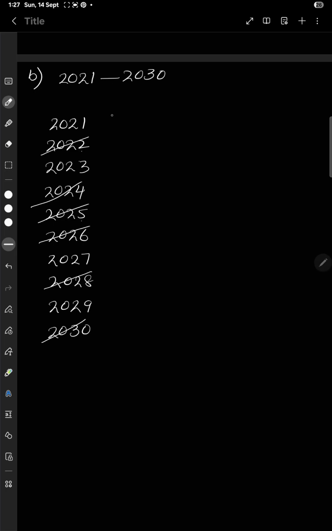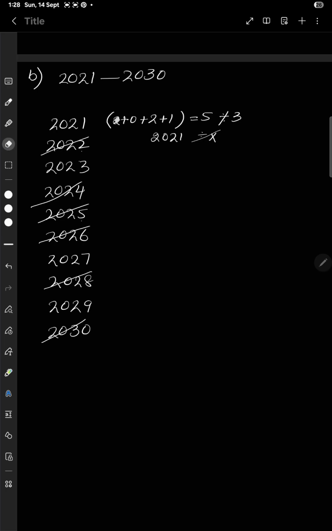Let's see for the number 3. 2 plus 0 plus 2 plus 1: 2 plus 0 is 2, plus 2 is 4, plus 1 is 5. The sum is 5, which is not divisible by 3. So this means 2021 is also not divisible by 3.